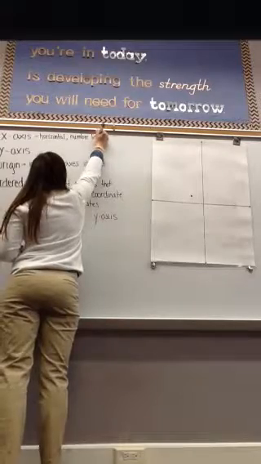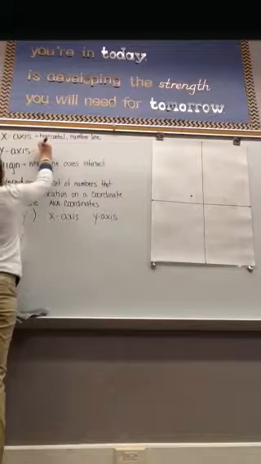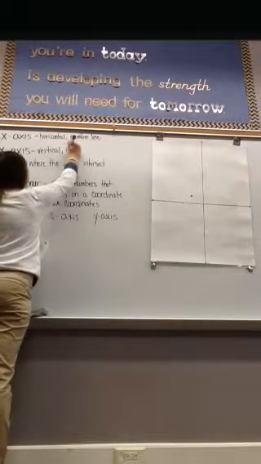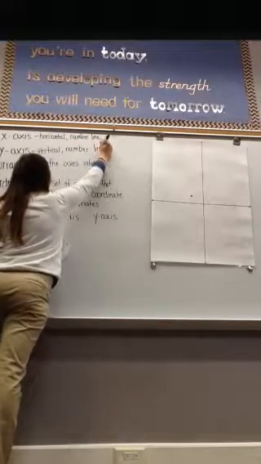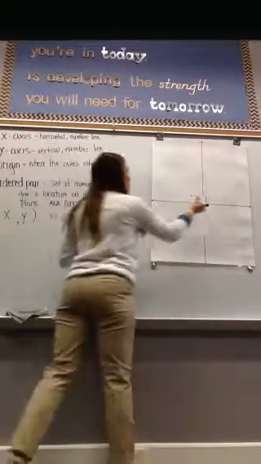It follows all of the rules of other number lines. The y-axis is the vertical number line. It too follows all of the rules of a number line. Okay? And all of it is in reference to the origin.